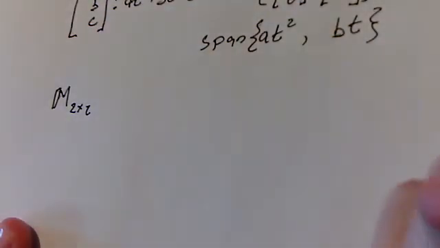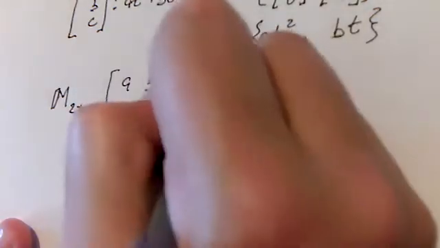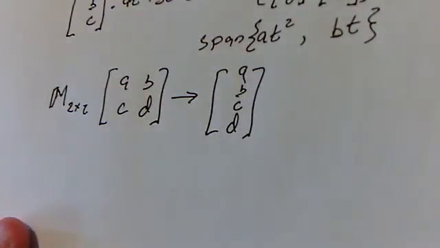Now, I can also do matrices. So I have M, this blackboard bold M, 2 by 2. This is the set of all 2 by 2 matrices, A, B, C, D. Well, you can imagine then I can make this look like R4 using A, B, C, and D, and then I can apply all the same properties to it.